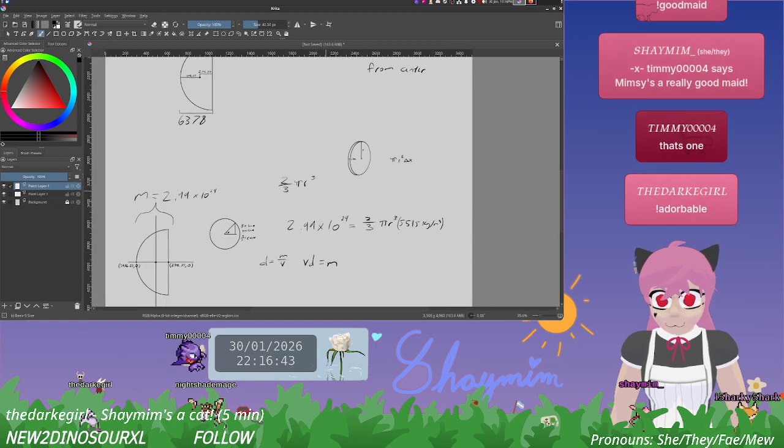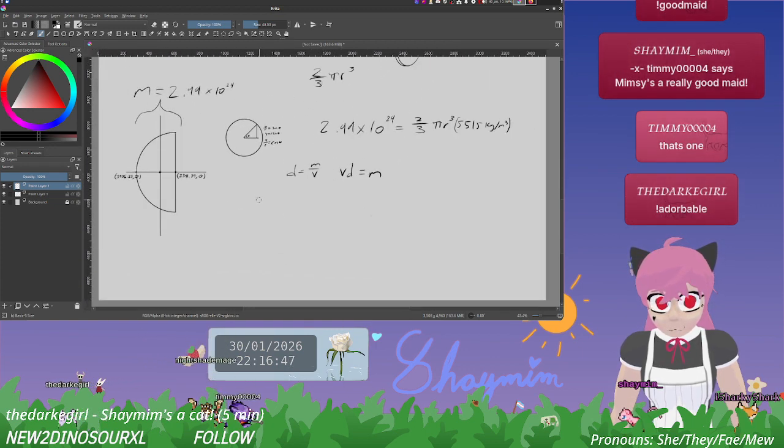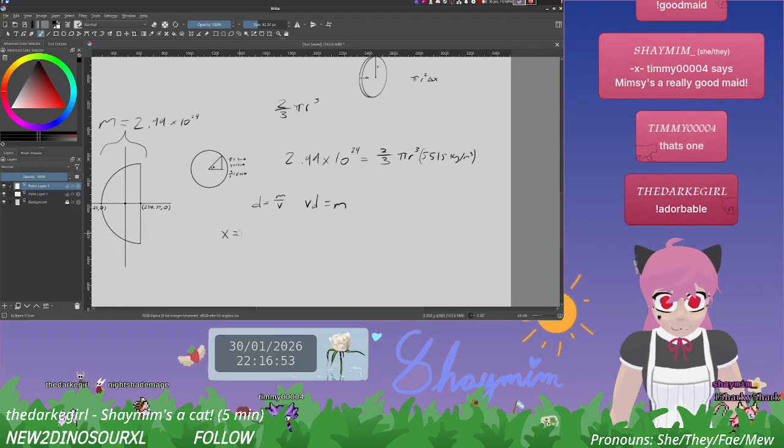Okay. So, we'll say that x equals, so x is the weight we're looking for, right? X is the mass.